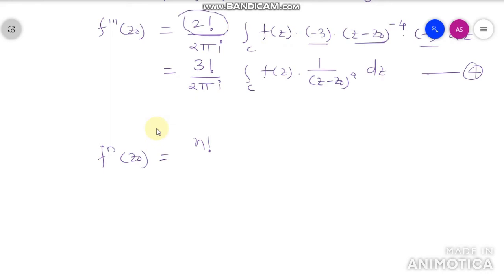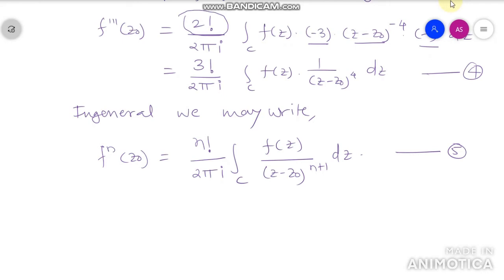Here it is the nth derivative, hence it is n factorial, divided by 2 pi i into integral over C f of z divided by z minus z0 raised to n plus 1 into dz. So this is the nth derivative.